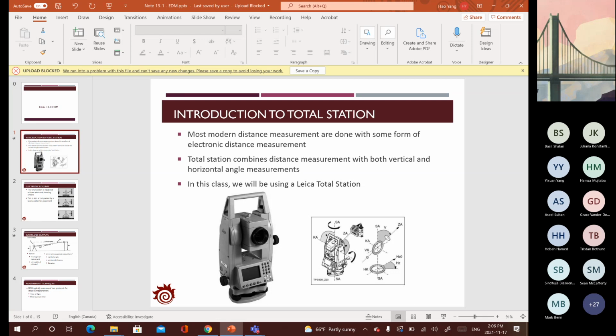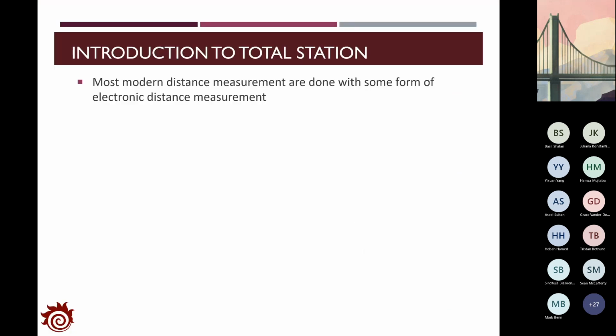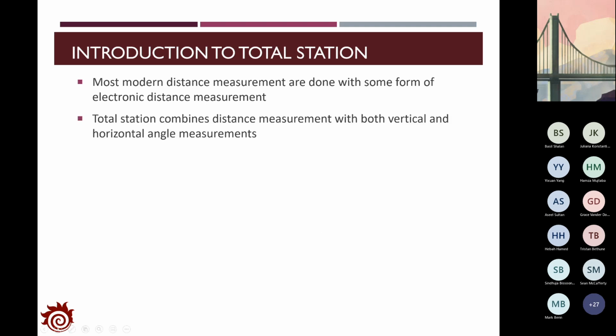So in your experiment, you actually applied the total station to measure the distance and angles, which is quite straightforward. You can get the readings from the screen directly and record them in your field book. That's also the advantage of using electrical distance measurement tools.